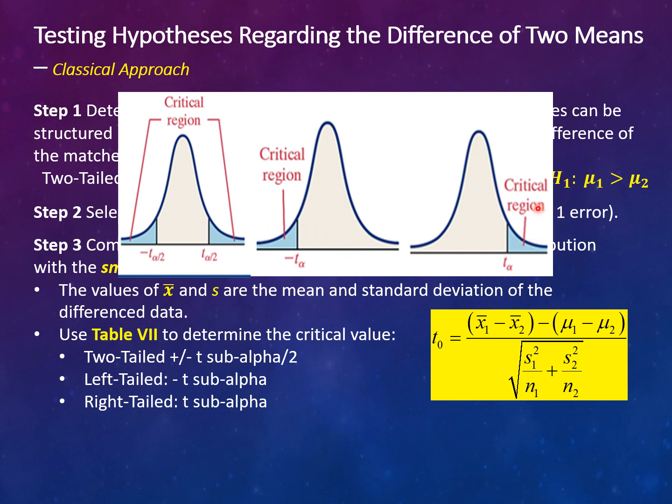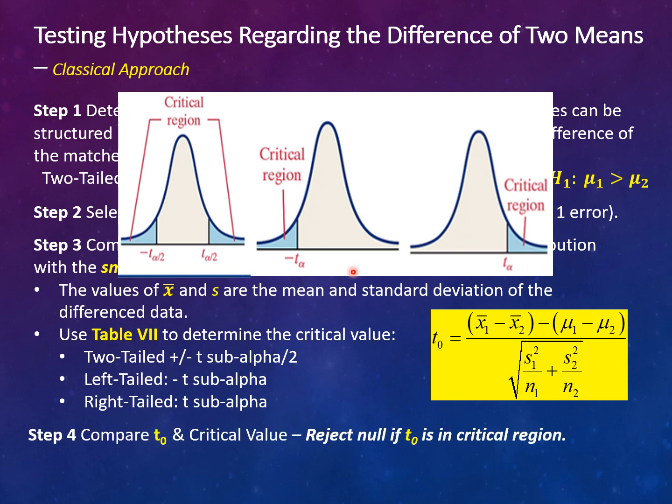And for the right-tail, we're just looking at t sub alpha. And remember that table 7 is a right-tailed table, so it really is talking about the area to the right, but because it's a symmetrical distribution, for the left-tailed, we can just take the opposite value, negative t sub alpha.